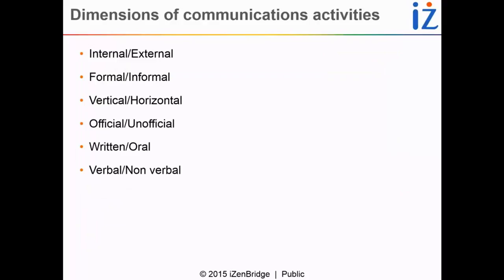So let's begin with what are the dimensions of communication activities. What kind of activities? They can either be internal or external. So what does that mean? Internal means within the project. So when you communicate within the project team, then that's one of the dimensions. Or it can be external.